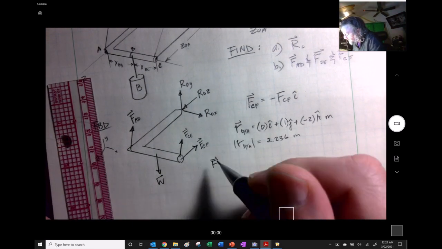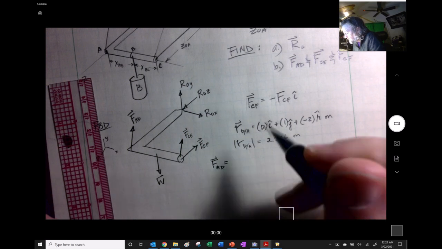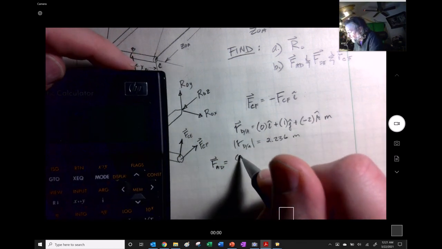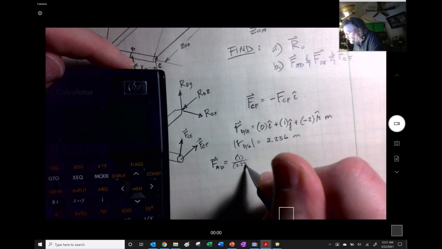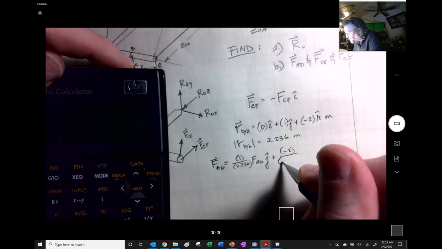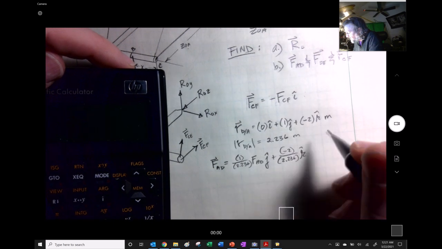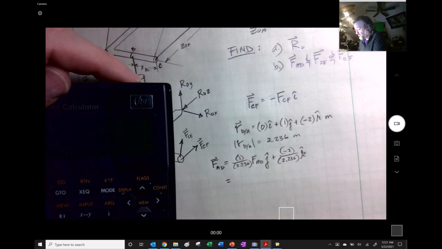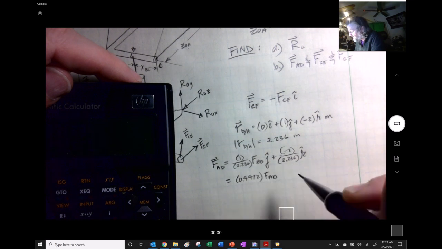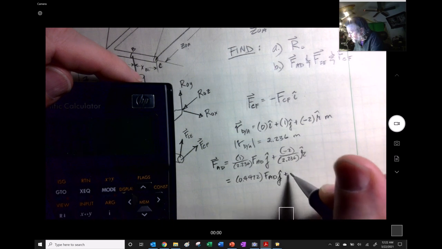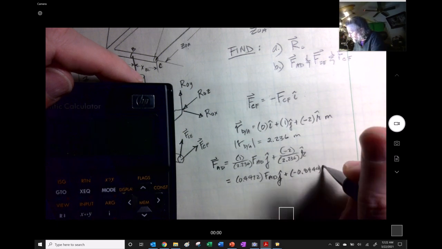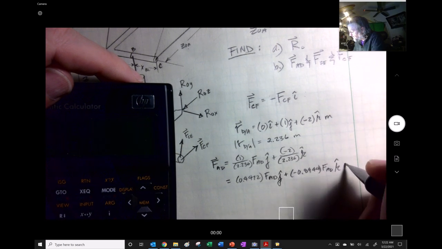So our F AD is going to be 1 over 2.236 FAD j plus negative 2 over 2.236 k, or 0.4472 FAD j plus, this is going to be 2 times that, negative 0.8944 FAD k, newtons.